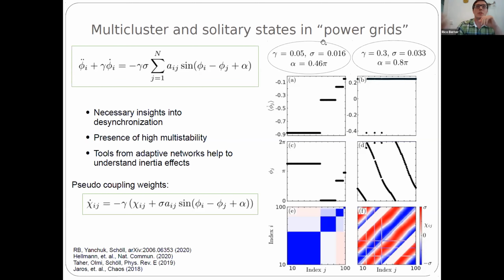But in total, what I wanted to highlight here is that even though there is a stable synchronous solution, there are a lot of other co-stable solutions. And if you're not able to understand these solutions, then you cannot understand the basin of attraction of the synchronized solution, and cannot find control mechanisms and so on.